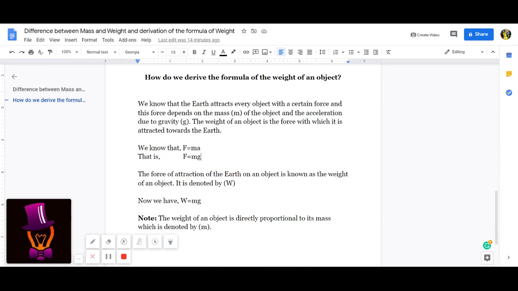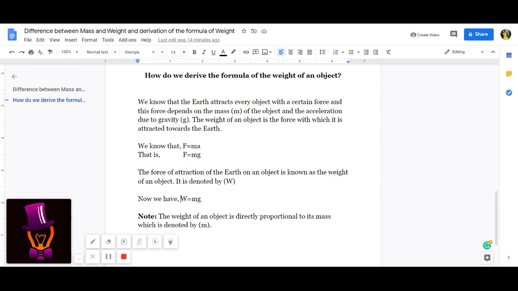The force of attraction of the earth on an object is known as the weight of an object, and it is denoted by W. So now we have W equal to mg. Since force is replaced by weight, F is replaced by W. So therefore, it will become W equal to mg as the final formula. That is how we derive the formula for weight of the object.